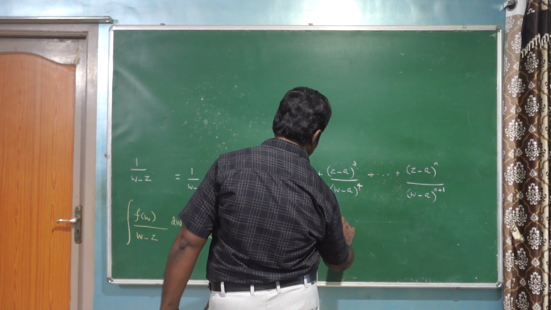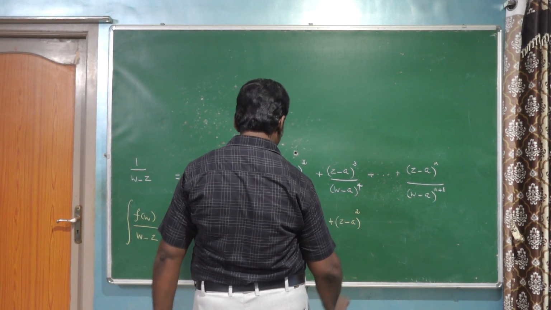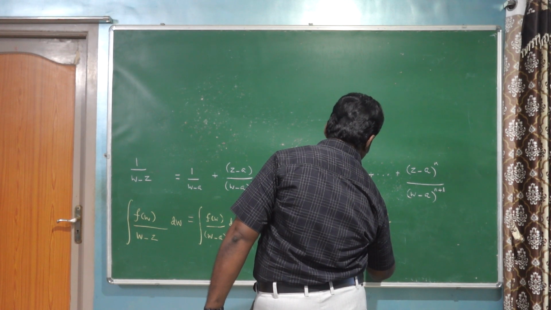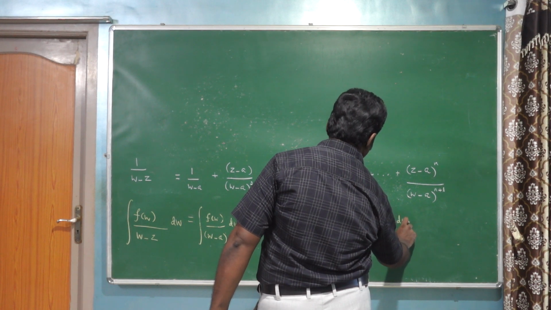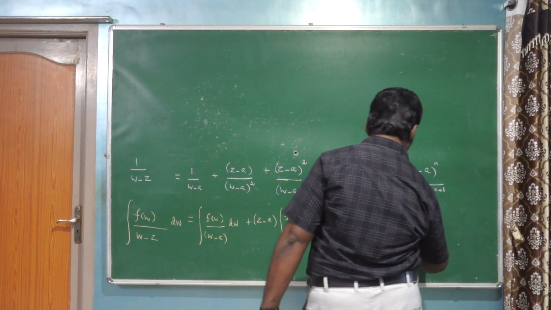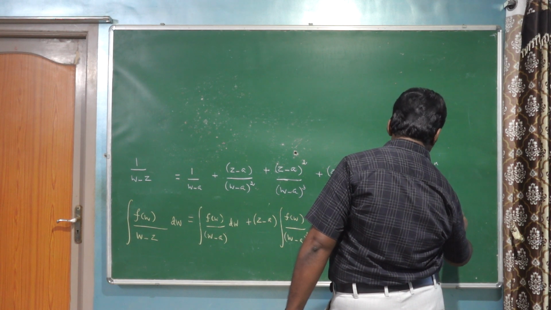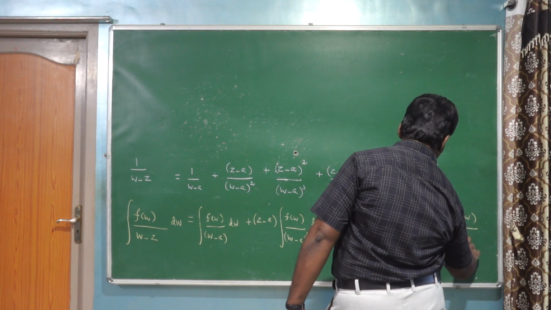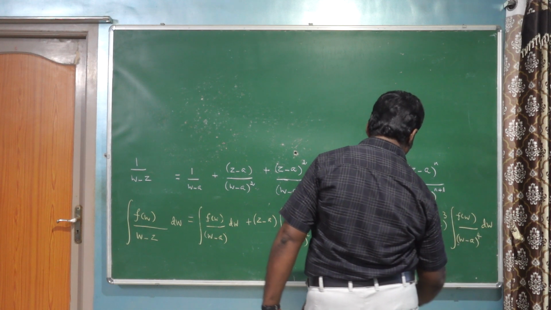The next term is Z minus A whole square integral f of W divided by W minus A whole cube into dW. The next term is Z minus A whole cube integral f of W divided by W minus A whole power 4 into dW.